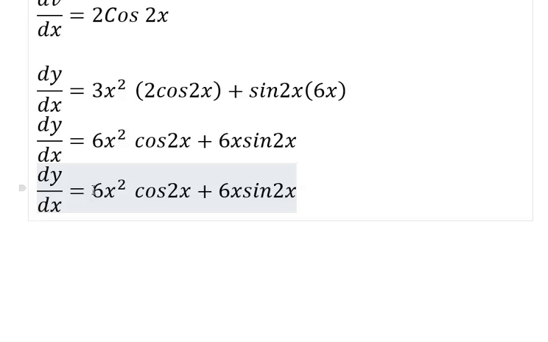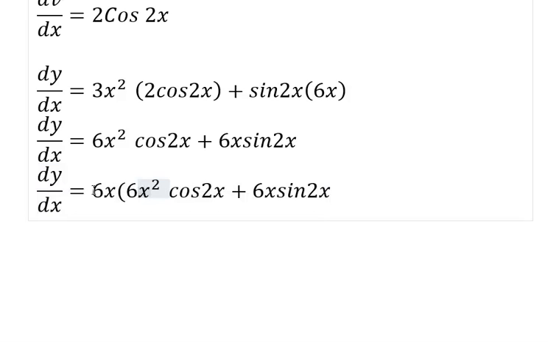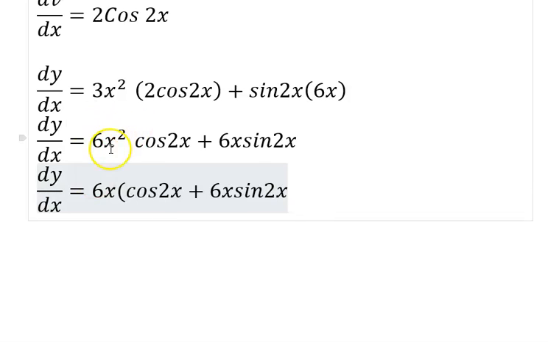So if you bring out 6x, which is common, you'll be left with only one x, because this x squared is x times x. So 6x is out, so you'll be left with x cos 2x here.